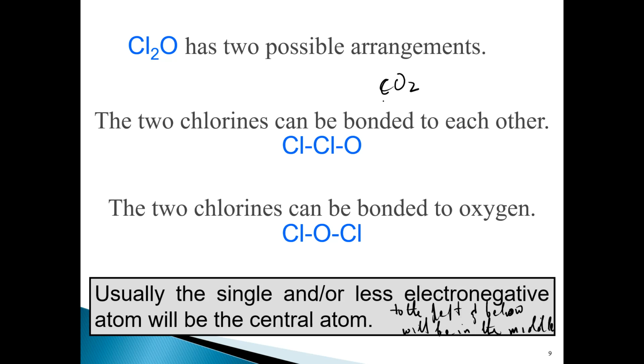So therefore, as a result, carbon would be in the middle, and then it's surrounded by the 2 oxygen atoms. So that's usually the most difficult part in determining the Lewis structure, figuring out which atom is in the middle and which atoms are surrounding. And as stated here, it is usually the single atom or the one that's less electronegative, which means the atom which is to the left and below of the other atom in the periodic table.